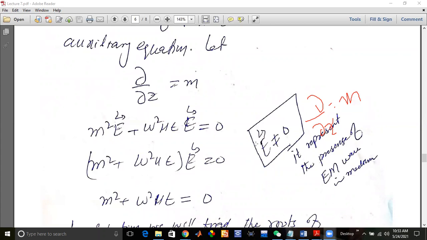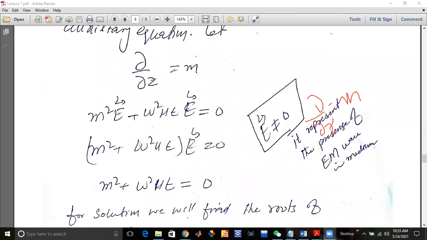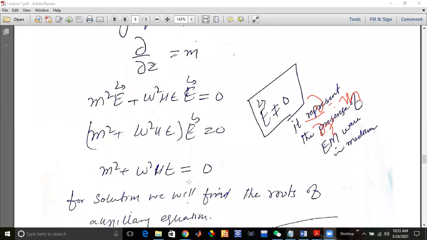And you know that E does not equal zero. Why? Because the electromagnetic waves are flowing in the z direction. If E becomes zero, it means there is no wave. So E does not become zero. It means this portion can be zero. So we write m square plus omega square mu epsilon is equal to zero.